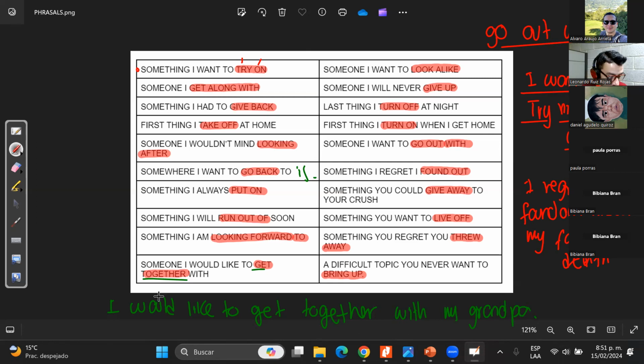Excellent, right? He's using the verb get together with. Since it has three parts, of course, it's not separable. The object goes at the end. Very good, Daniel, excellent. Any other?